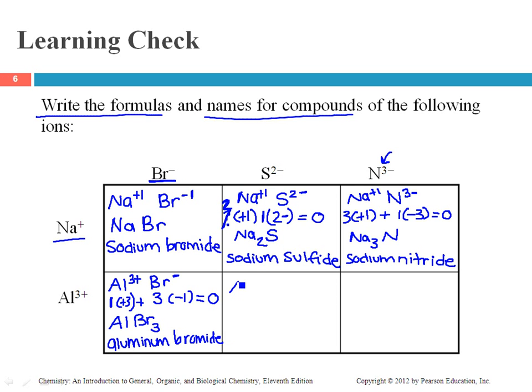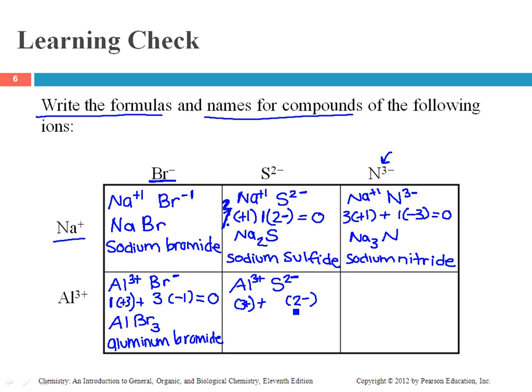Aluminum and our sulfide ion. We have a 2- charge and a 3+. It doesn't look like we can just use one number here.